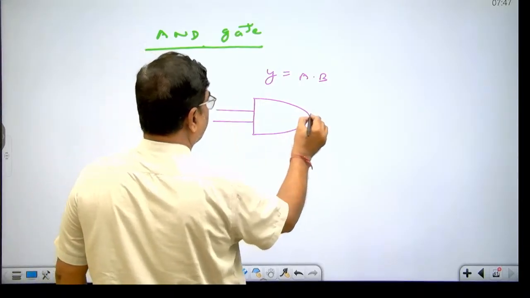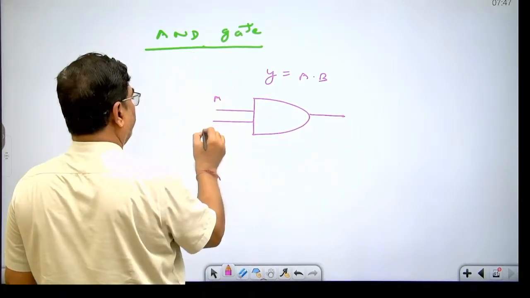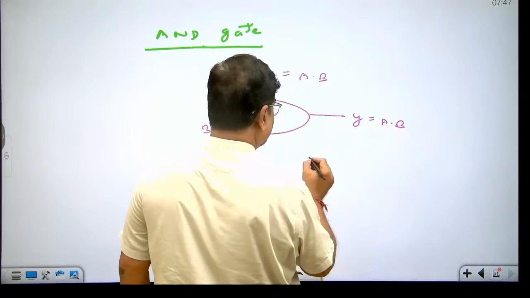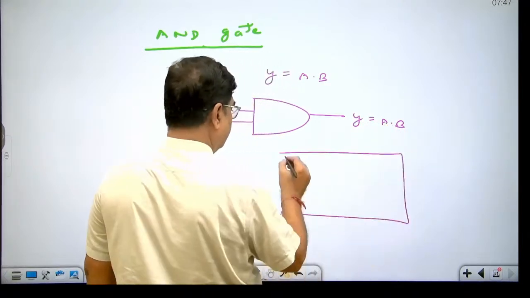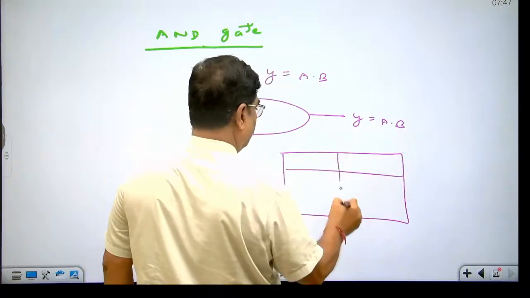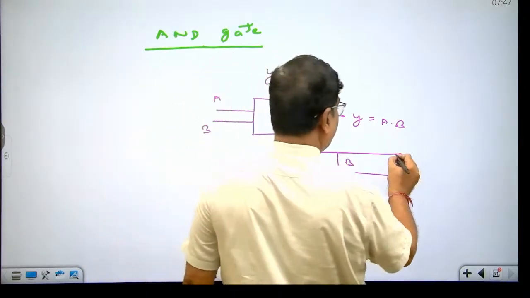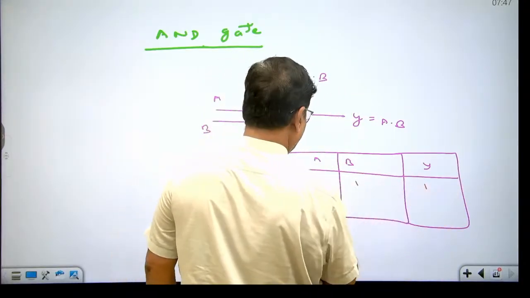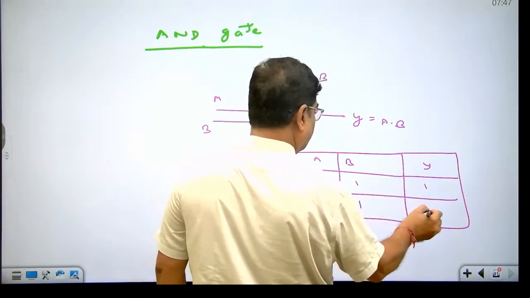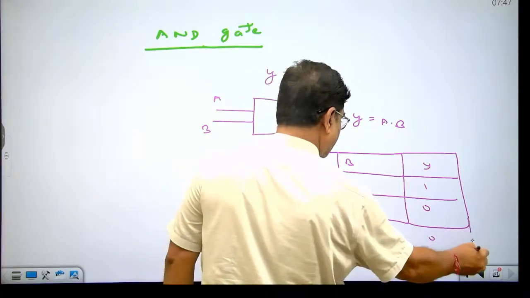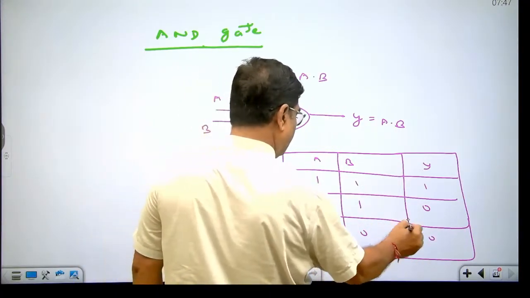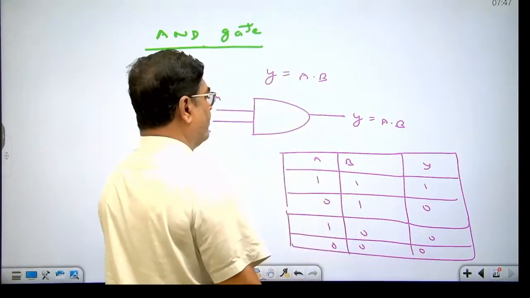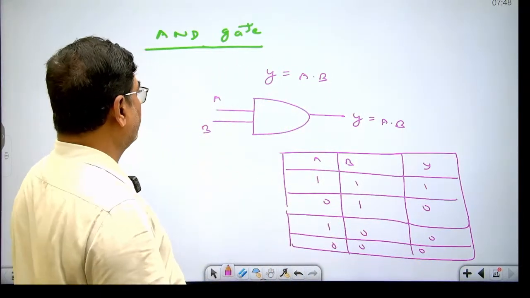There are two inputs and one output, A, B. The truth table is like this. This is A, this is B, and this is Y. This is 1, 1, 1, 0, 1, 0, 1, 0, 0, 0, 0, 0. In the output of the AND gate, we will get 1 when both the inputs are 1.